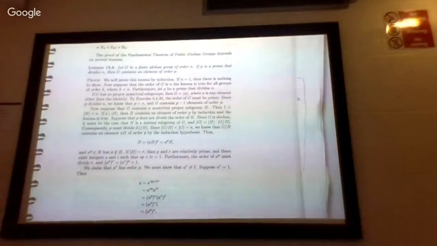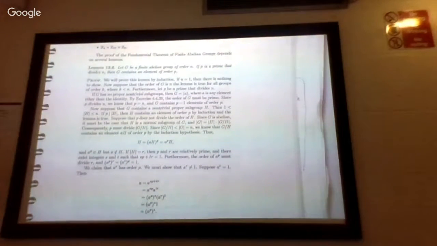Remember, when we first talked about Lagrange's theorem, we said you have to be careful. Lagrange's theorem doesn't say there is a subgroup for every divisor of the size of the group. We cautioned against that. Our example was A4, which has no subgroup of order 6.